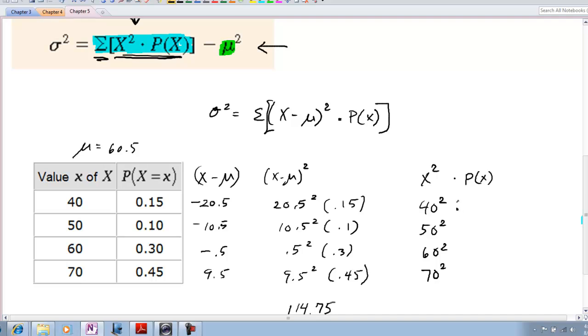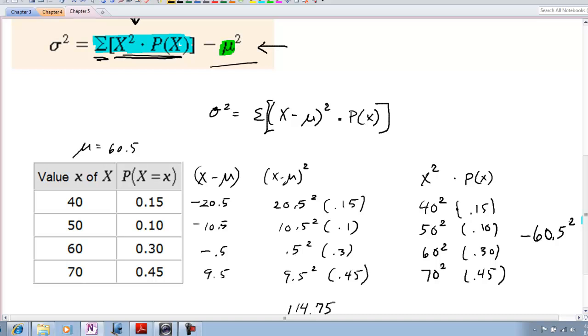So times, let's use parentheses, 0.15, 0.10, 0.30, and 0.45. And once I get that sum, I'm going to subtract 60.5 squared from it.